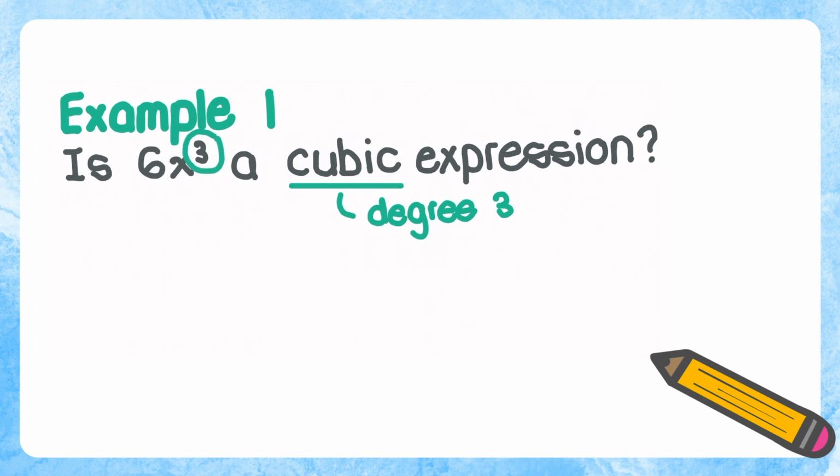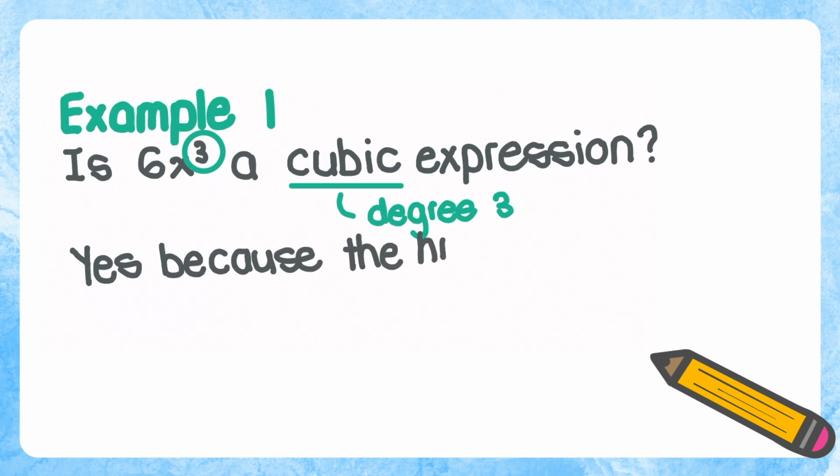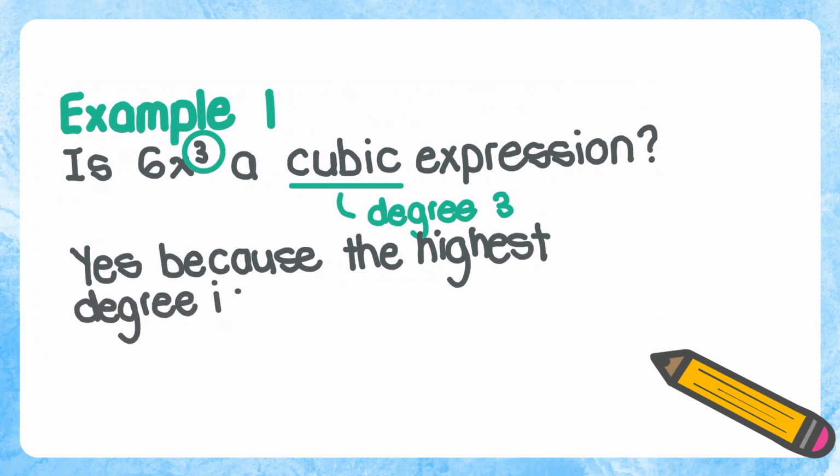So 6x cubed, that definitely has a degree of 3. So yes, 6x cubed is a cubic expression because the highest degree is 3. Make sure you're writing why this is true. Again, because the highest degree is 3.